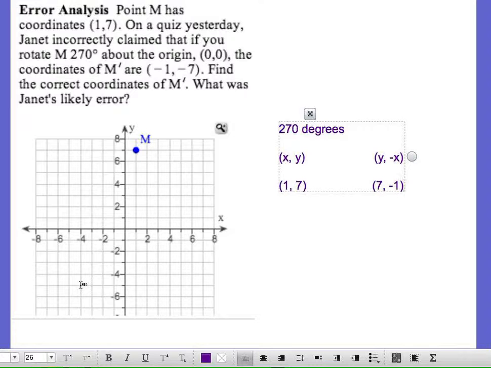It looks like what Janet found was the coordinates if you have a 180-degree rotation, not 270. So she only rotated it 180 degrees. And that is what her error was.